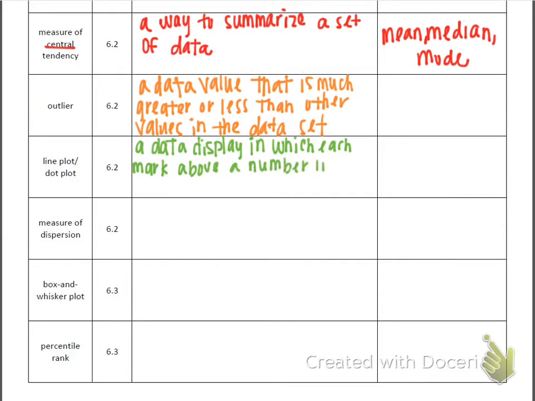So it's also looking at frequency of data.